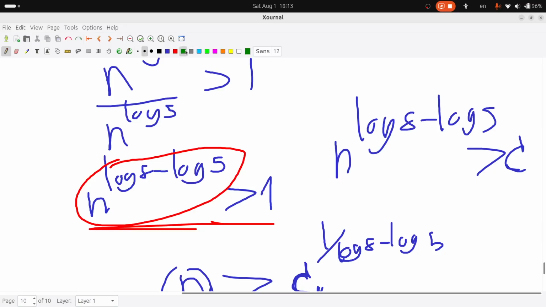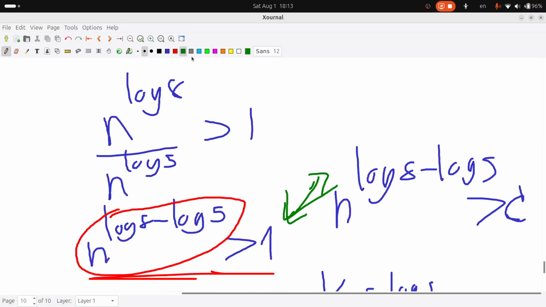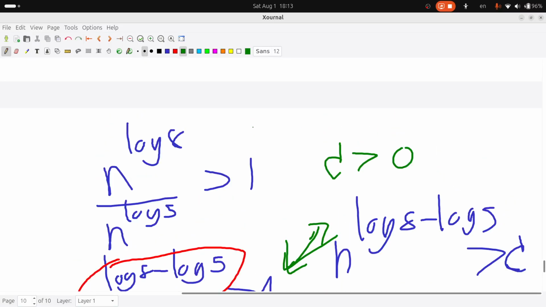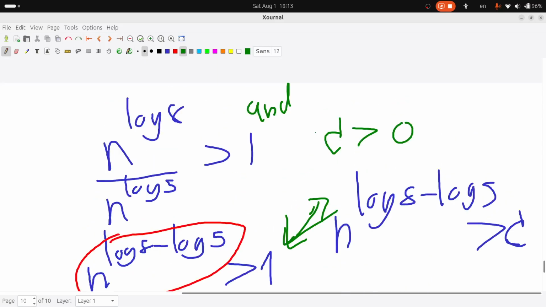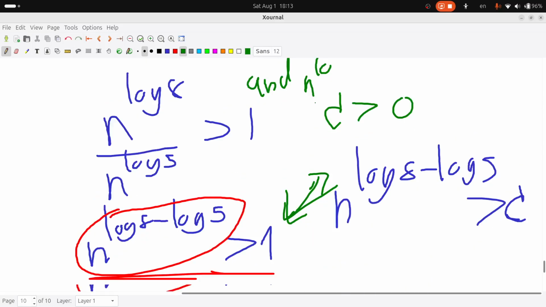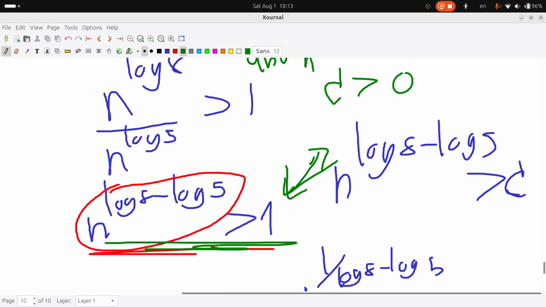Oh, and I forgot to tell you how I can rewrite this phase, because c is greater than 0, right? c is greater than 0, and this one is greater than 1.